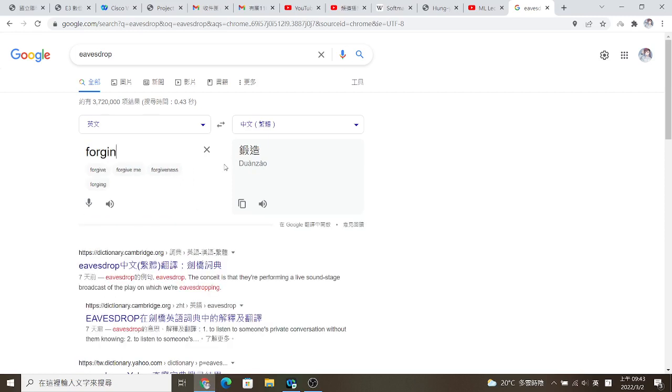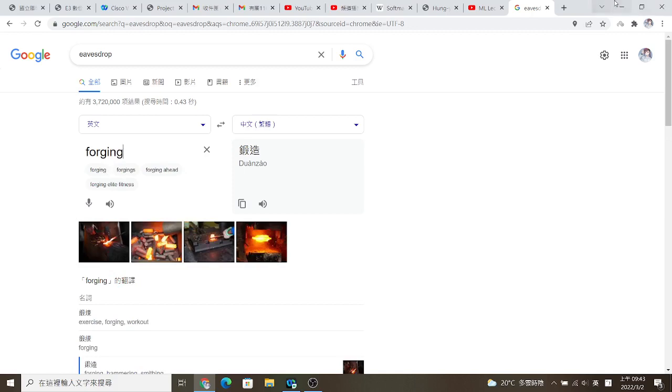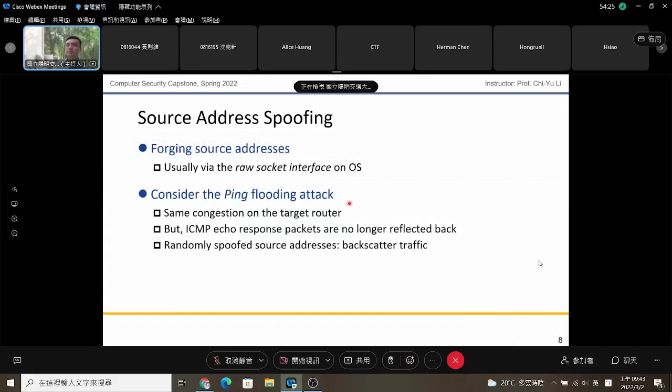So consider the ping flooding attack. The same congestion on the target router would happen if we use spoofed ICMP packets. But ICMP echo response packets are no longer reflected back, because the response packet will be sent to the machine with the source IP address spoofed on the ICMP echo request packet.